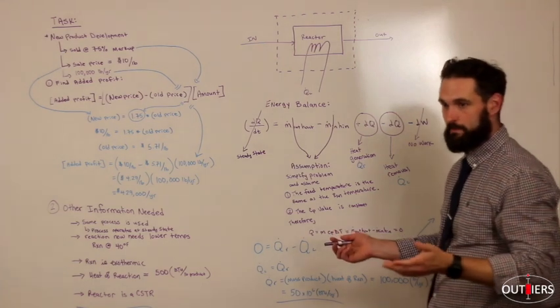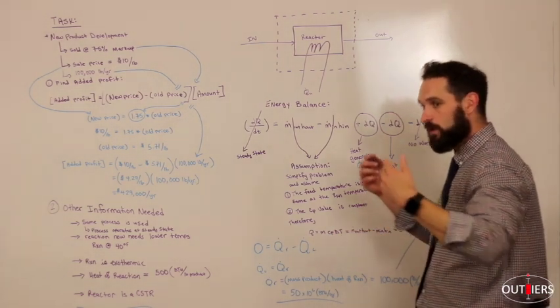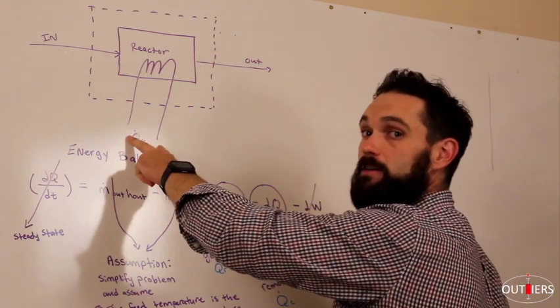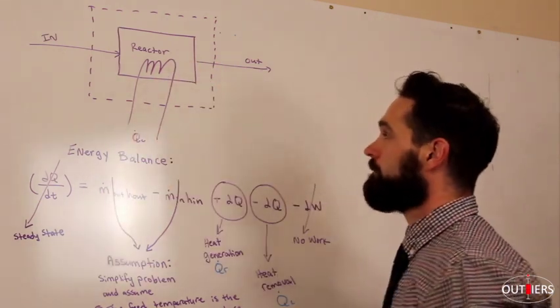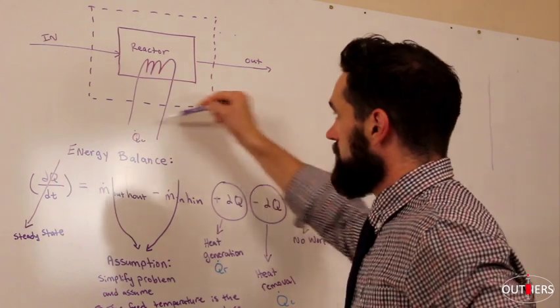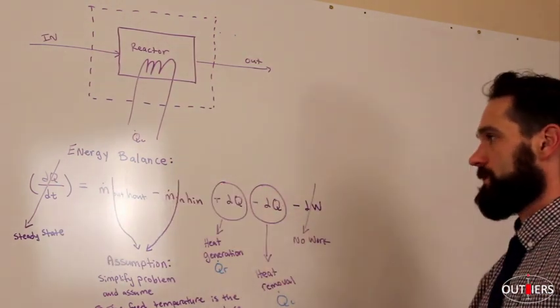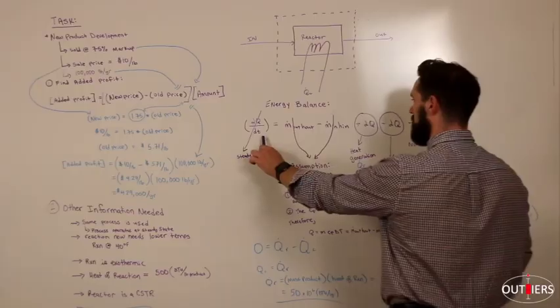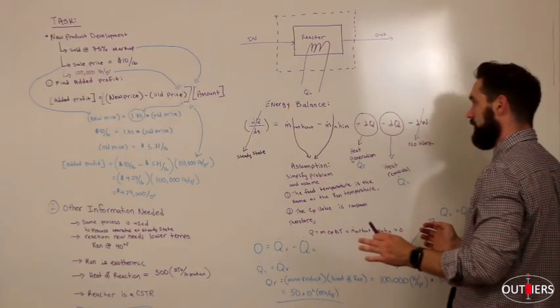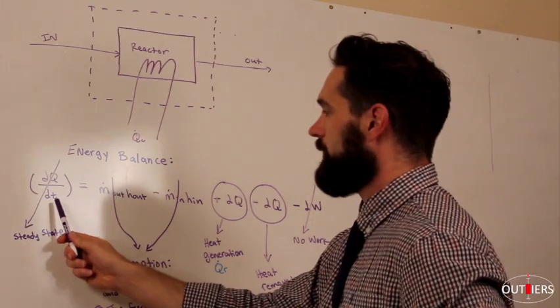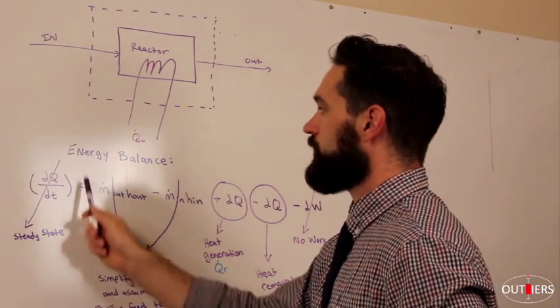I labeled it the same as the cold side of the condenser because we know going into this problem this is going to be the cold side heat exchange with the reactor. I've drawn here a system boundary. So if we were to go then and set up our energy balance, here are the terms. Remember, just like what we did with the refrigeration cycle, what do we have here right on this side? We have our accumulation term.